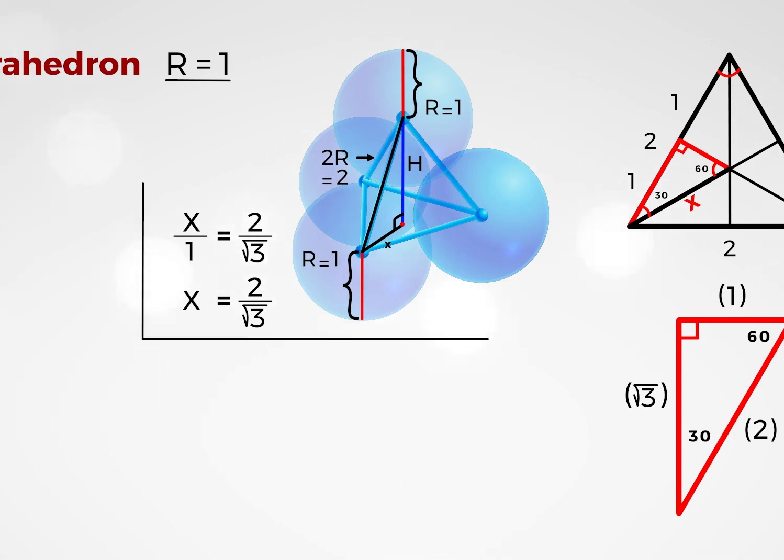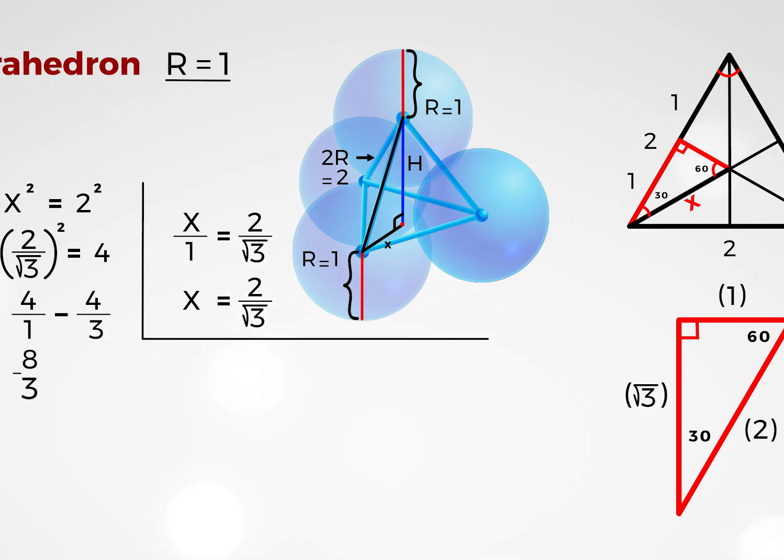So we have h squared plus x squared is equal to 2 squared. h squared plus (2 over root 3) squared is equal to 4. And therefore h squared is 4 minus 4 over 3, which is 12 minus 4 is 8 over 3. And therefore h is equal to the square root of 8 over 3.